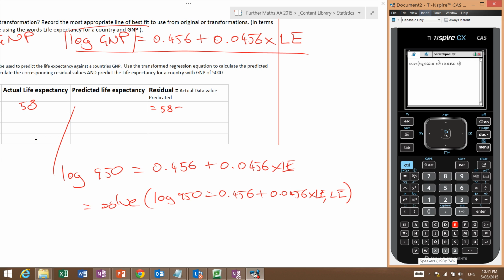If I can find where the comma is, there, and we go LE, close the brackets, and we get a value of 21.928. Okay.